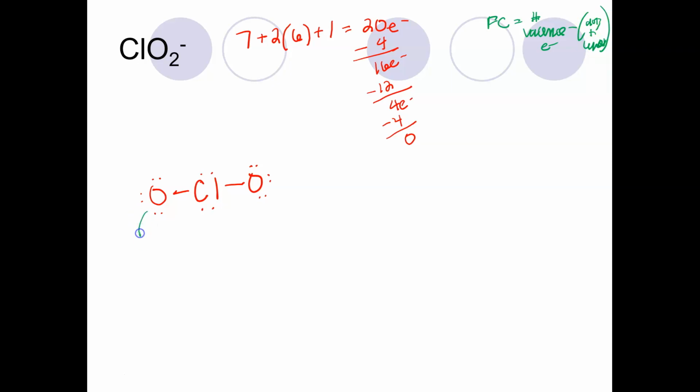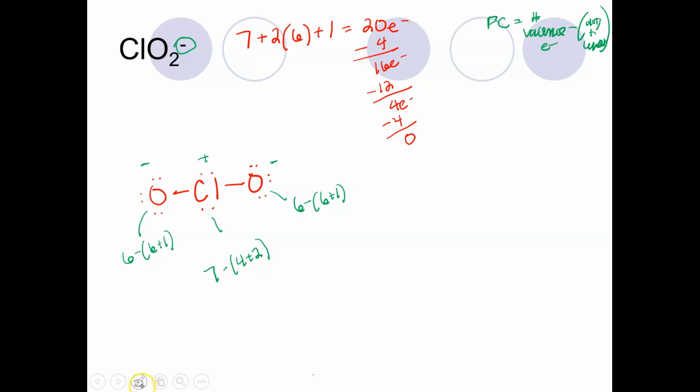So for the oxygen atom, 6 valence electrons minus 6 dots and 1 line, so -1. And then chlorine, 7 valence electrons minus 4 dots and 2 lines. That would be like a +1. Okay, so formal charges aren't great for this one. We knew that they weren't all going to be 0.